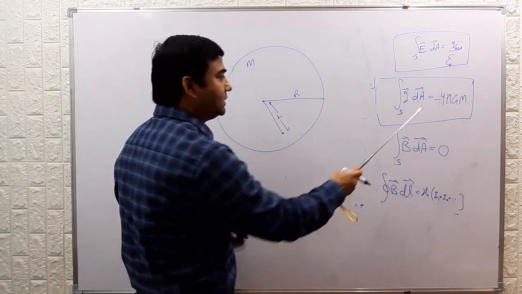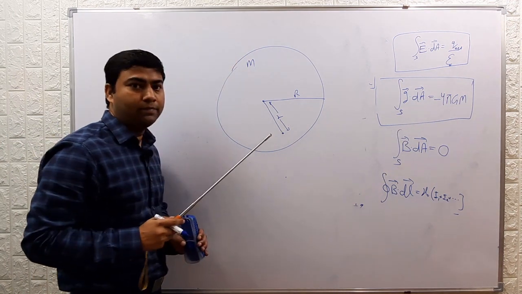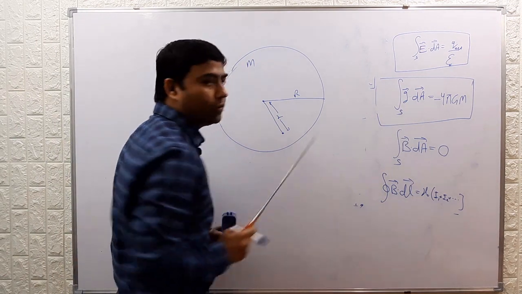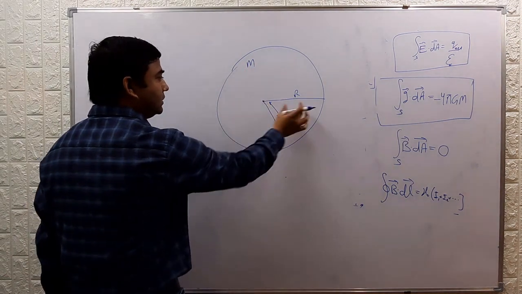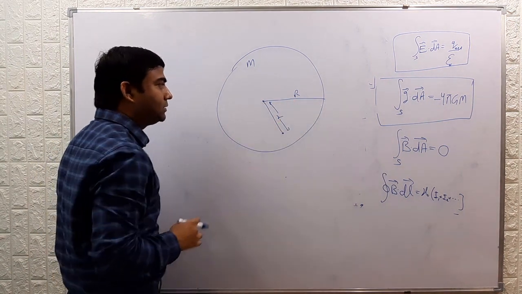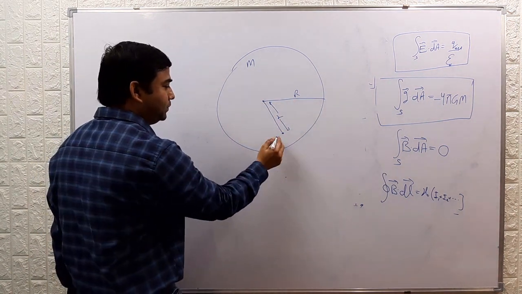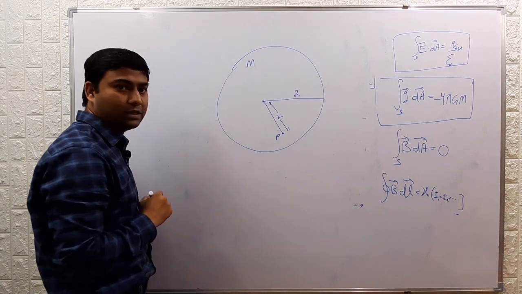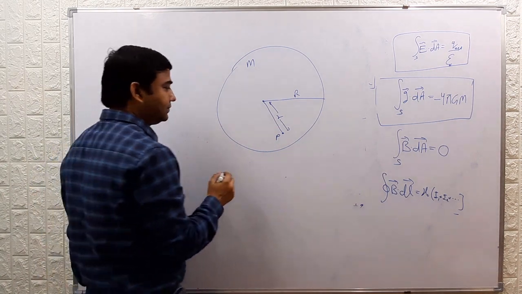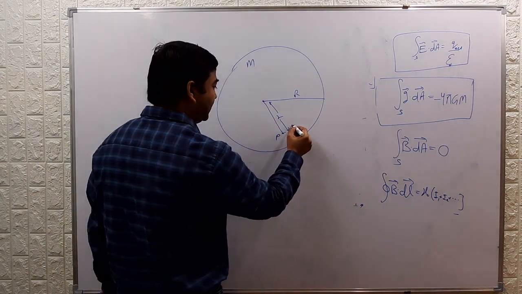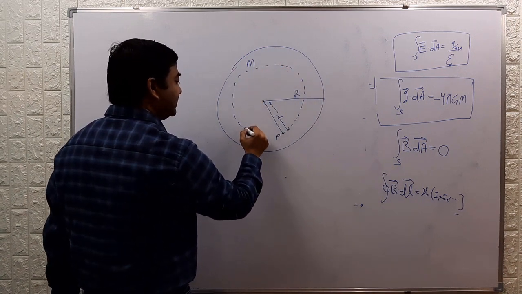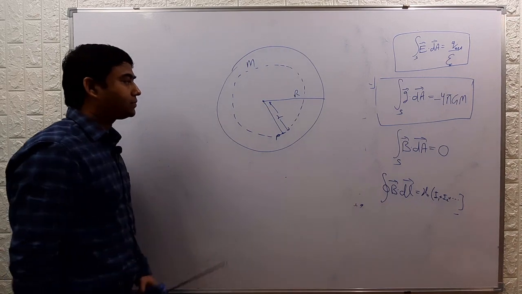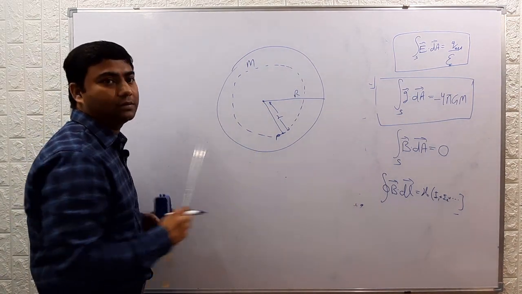So we will find the gravitational field by Gauss's theorem in integral form. So just make a Gaussian surface: this is the mass of Earth, this is the radius of Earth, and this is the point P where we want to find the gravitational field inside the Earth. So just create a spherical Gaussian surface containing this point P. So this is a sphere.